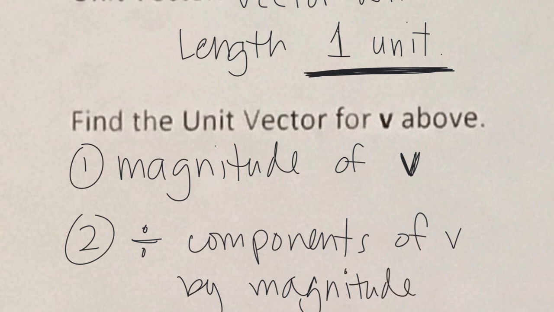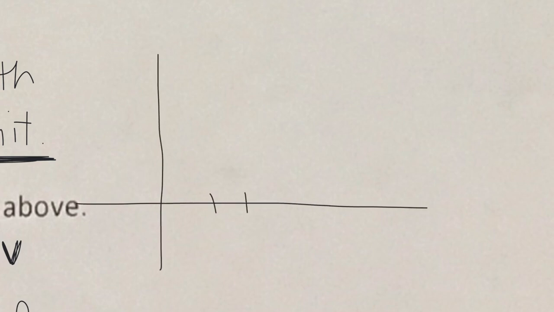Okay, so we're going to take the v vector, find its magnitude, and then we're going to divide the x and the y parts by that magnitude. Okay, so let me show you what we're trying to do. 3, 2. Okay, so here was v, 1, 2, 3, 1, 2. All right, so here's v. Now imagine a circle with length of 1, right, a unit circle that goes around here.